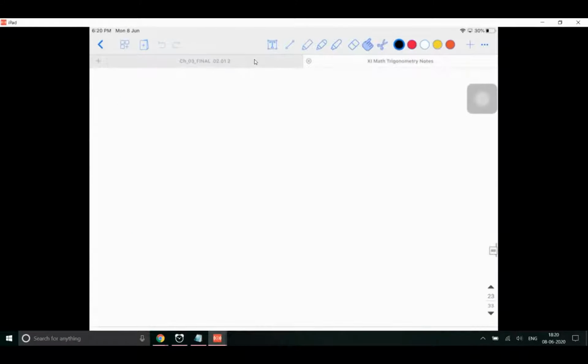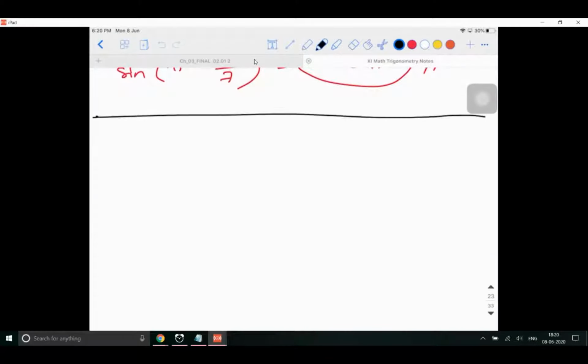Now, today what we are going to see is, last class we saw the complementary and supplementary angles of the trigonometric ratios.